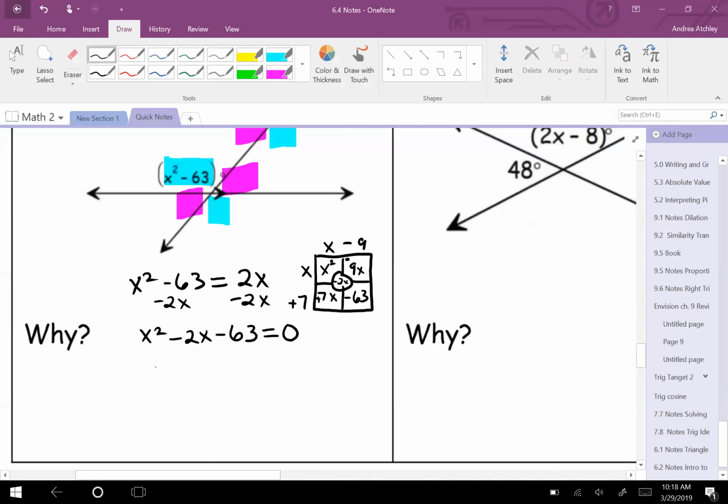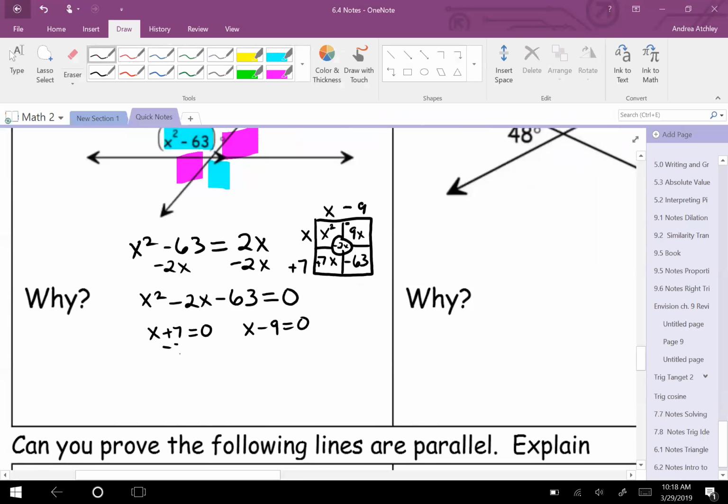So my factors are the x plus 7, and we set it equal to 0. And then the x minus 9, and we set it equal to 0. Then we solve, we subtract 7 from both sides, and I get x equals negative 7. I add 9 to both sides, and I get x equals 9.